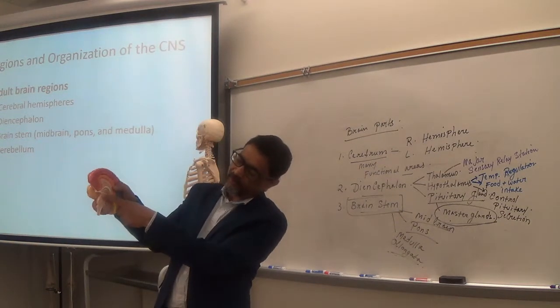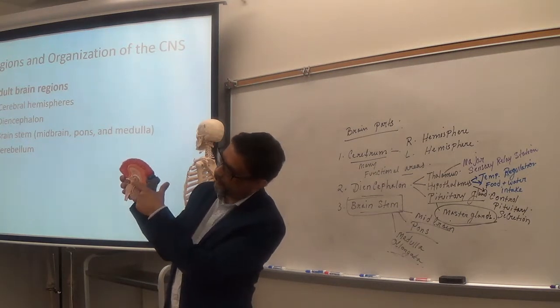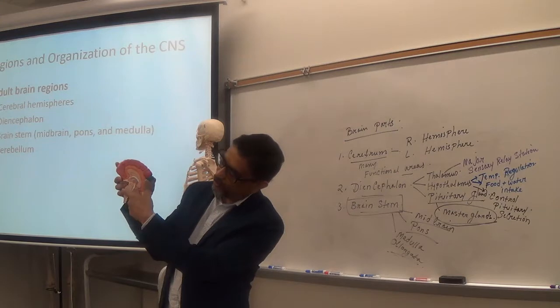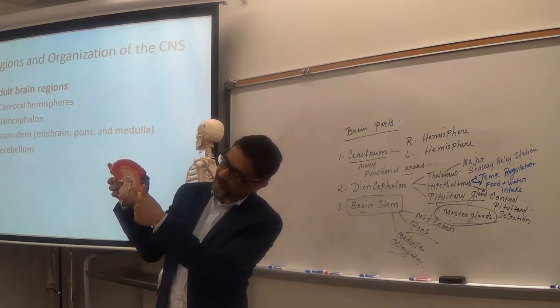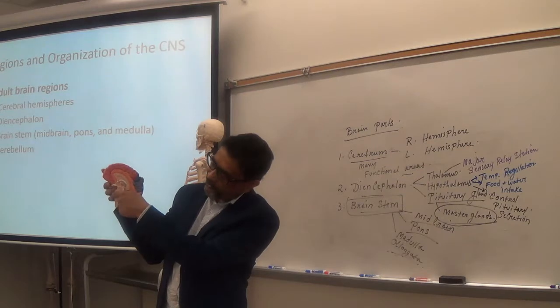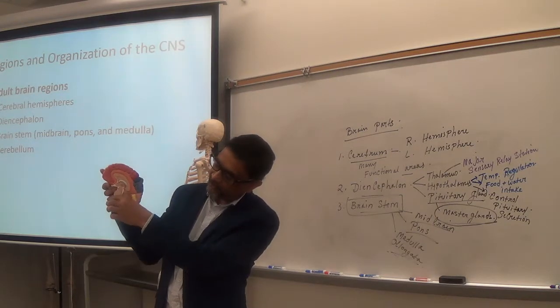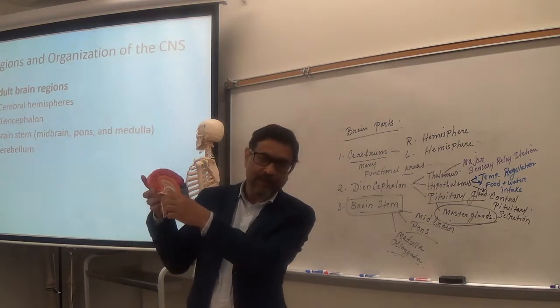This part, see here, this is called the midbrain, and this round part here is called the pons, and this is the medulla oblongata, and then the spinal cord. So midbrain, pons, medulla oblongata. So this part is the brainstem, before the spinal cord, above the spinal cord.